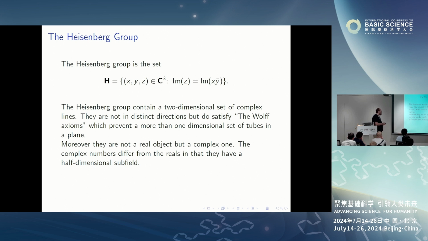And for our purposes, the complex numbers are really different from the real numbers in that the complex numbers have a half-dimensional subfield, the reals. But the real numbers do not have a half-dimensional subfield.